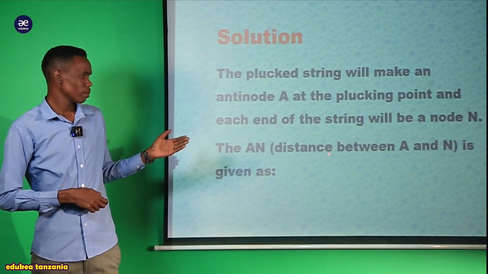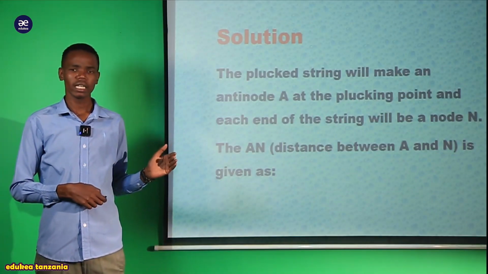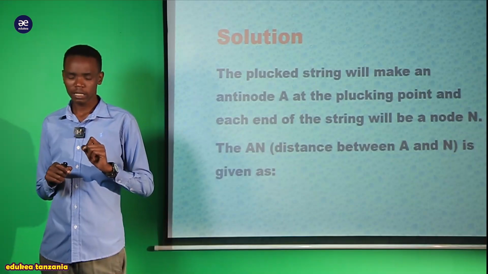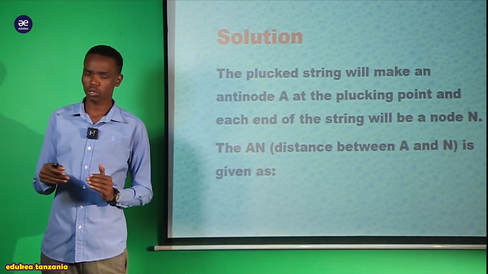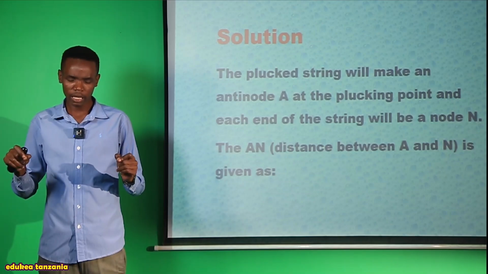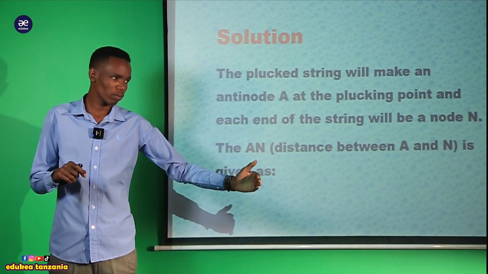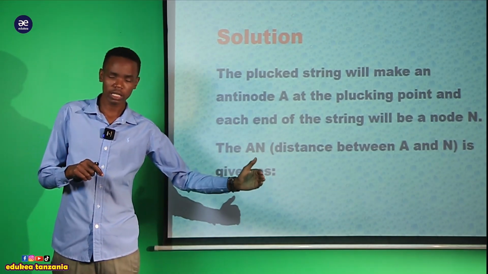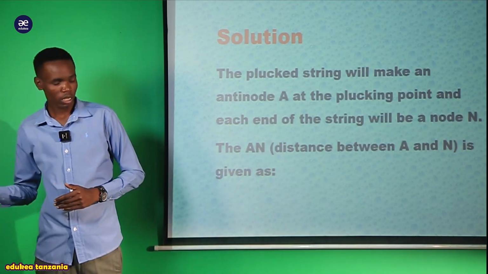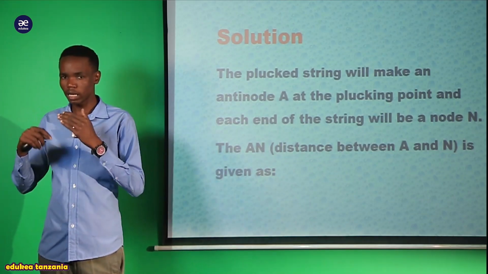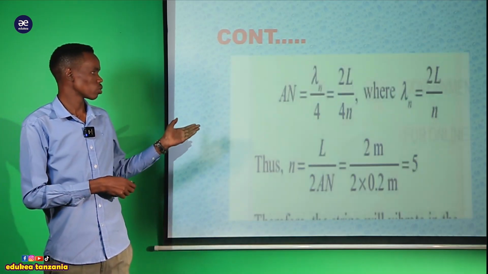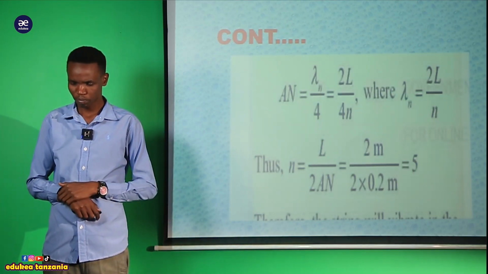After that, my dear student, AN means the distance between A and N, that is, the distance between the antinode and the node. It is expressed by AN, and it is given by this one as we observe here.